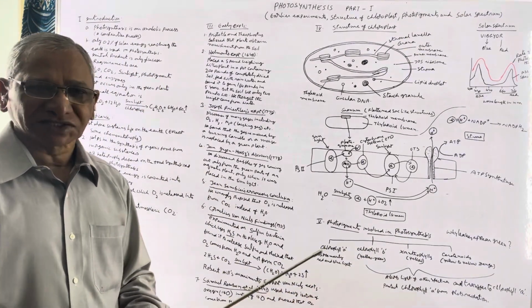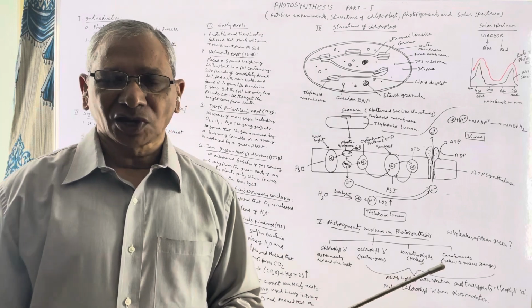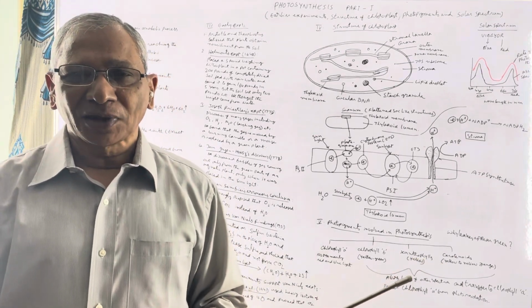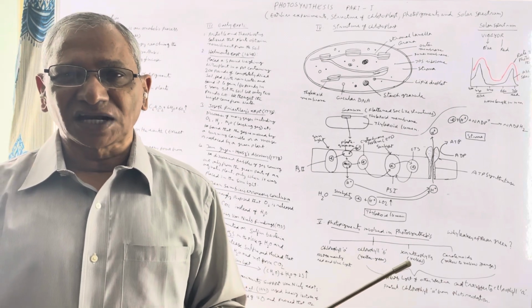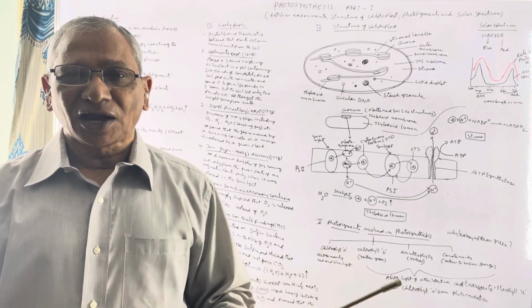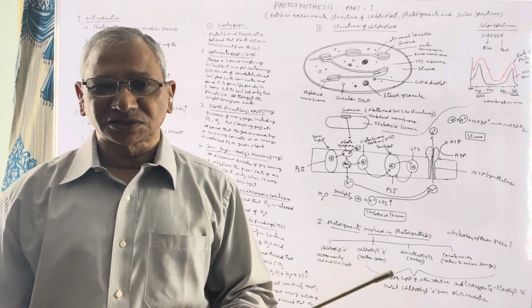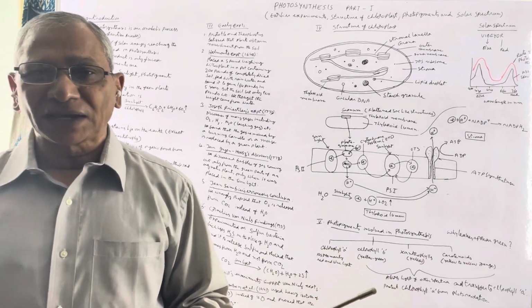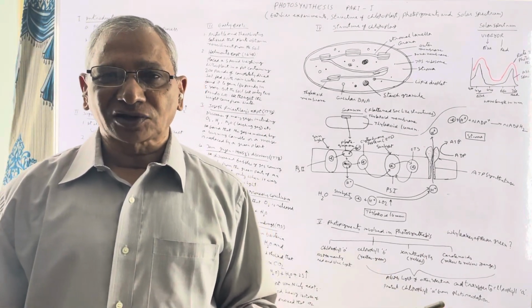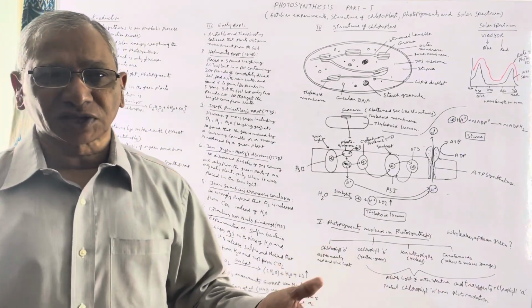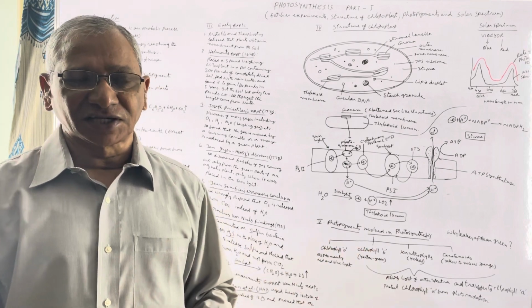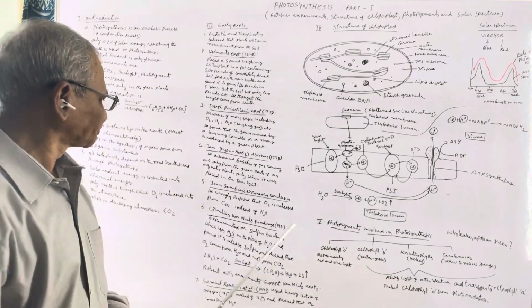And plants are the only organisms which trap carbon dioxide. Otherwise, the carbon dioxide levels build up in the atmosphere, and now we are experiencing the bad effects of carbon dioxide in the form of global warming. We will be studying more about the ill effects of carbon dioxide in the chapter on pollution.